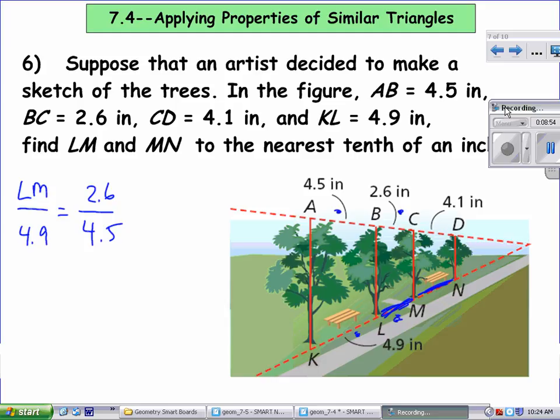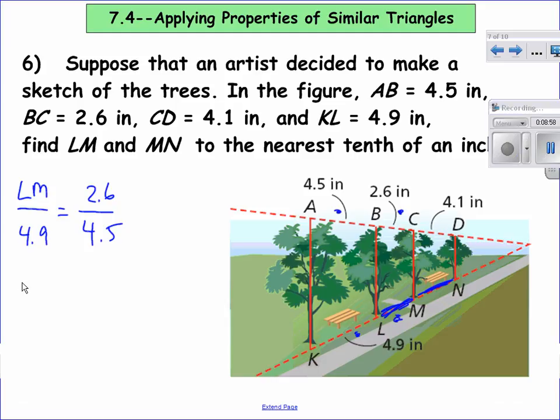Solve that proportion there to the nearest tenth. 4.5 LM equals, I think that's 12.74. So LM, I got like a 2.83, and to the nearest tenth, it's approximately 2.8.